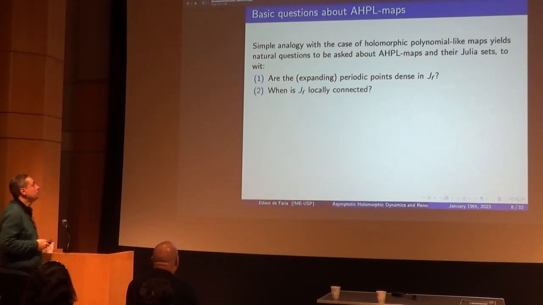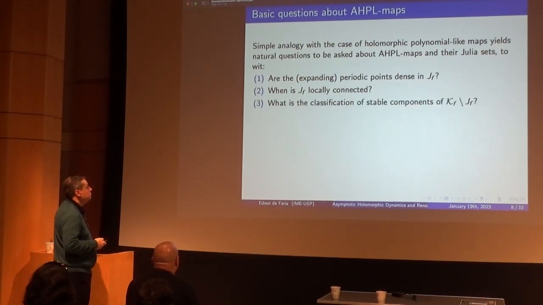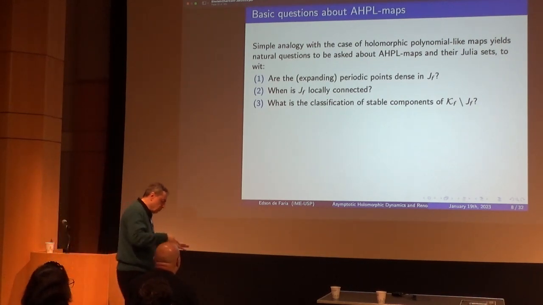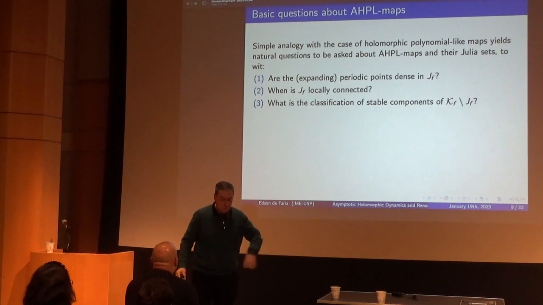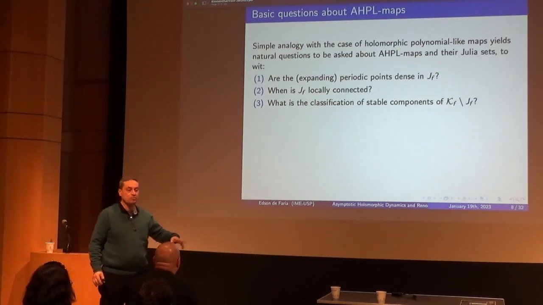Another question you can ask, a more topological question, is when is the Julia set locally connected? Or you can ask what the interior components of the filled-in Julia set are. They're permuted by the map, and there may be some periodic cycles.